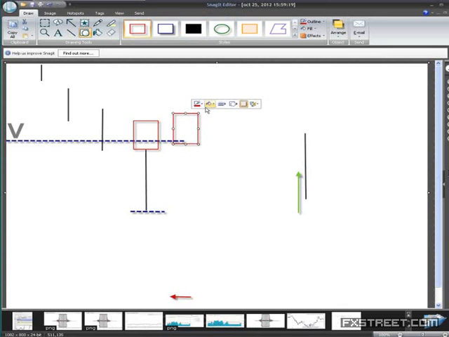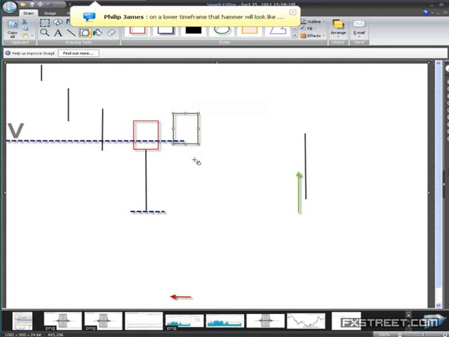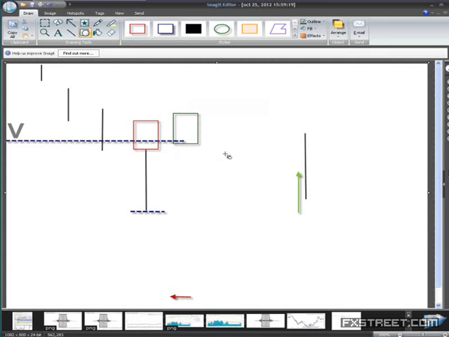Okay, and it's worth saying that the hammer in itself is not a candlestick pattern that requires confirmation because of the message that the lower shadow leaves on the chart.